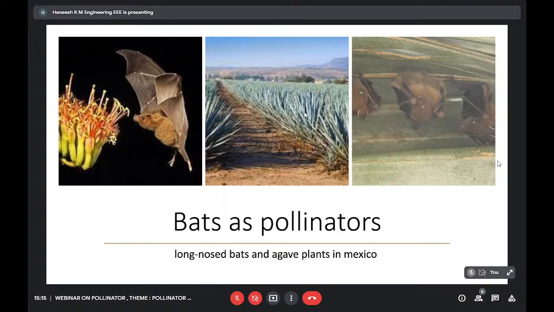So eventually, what happened? They used some cloning method to make the new plants, making some plants from the same plant. So the genetic quality of those plants was lower, and the bat number had already reduced.